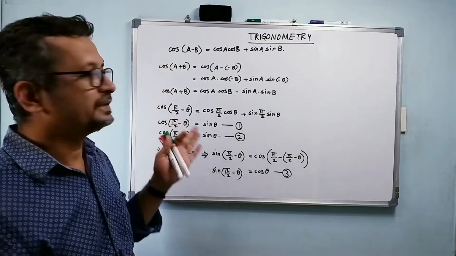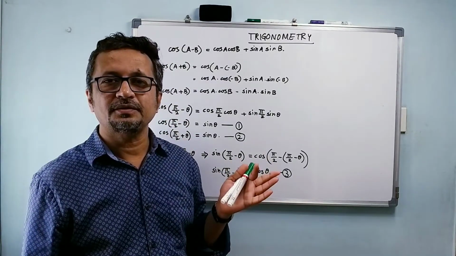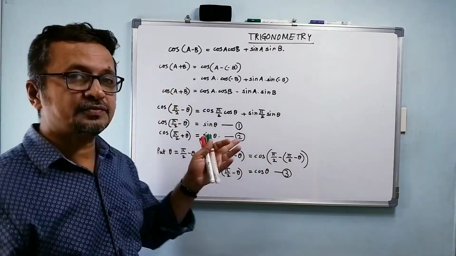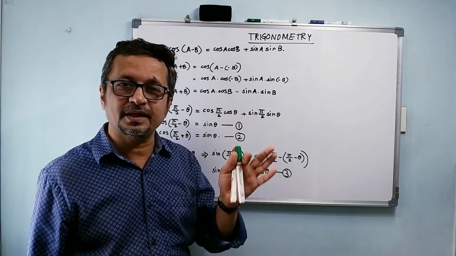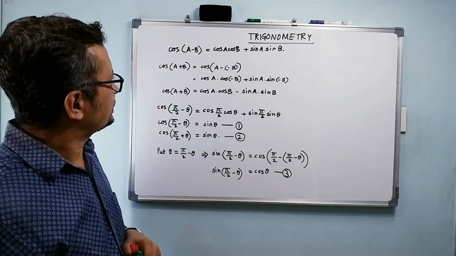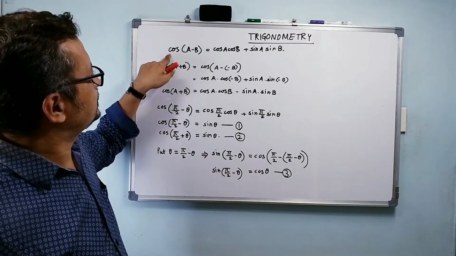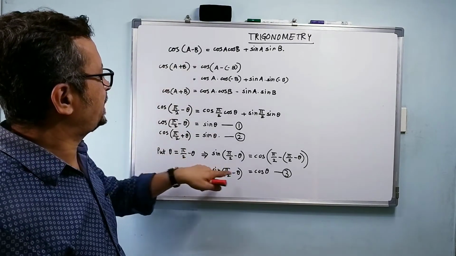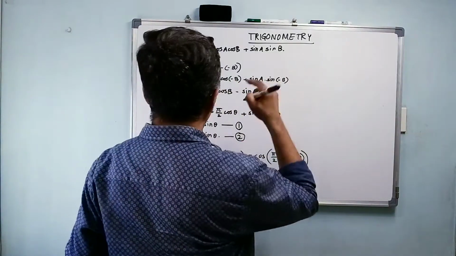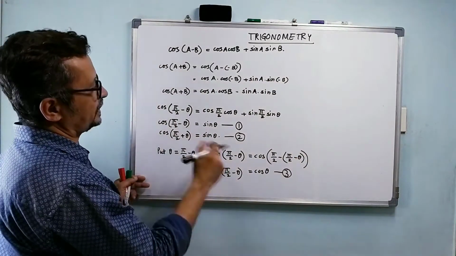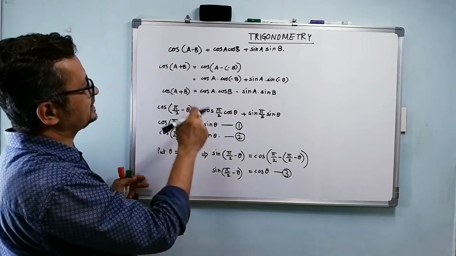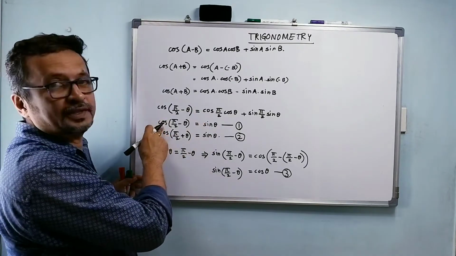For that you will need the expression for sine of a plus b and sine of a minus b, isn't it? So how do we do that? My cos theta is sine of pi by 2 minus theta, or sine theta is equal to cos of pi by 2 minus theta.